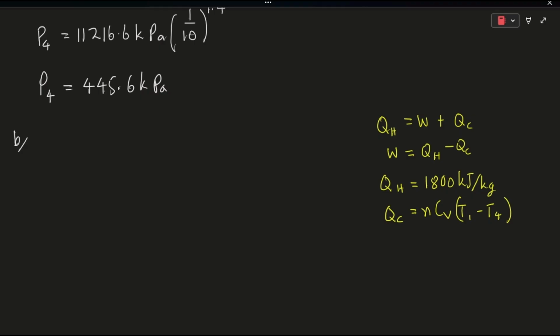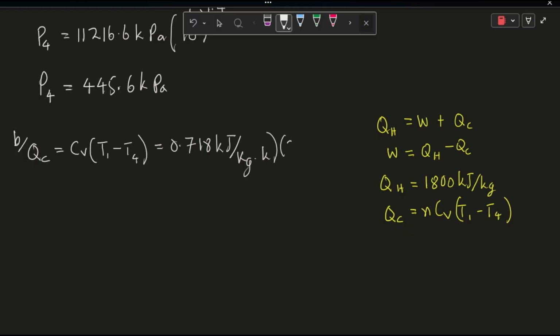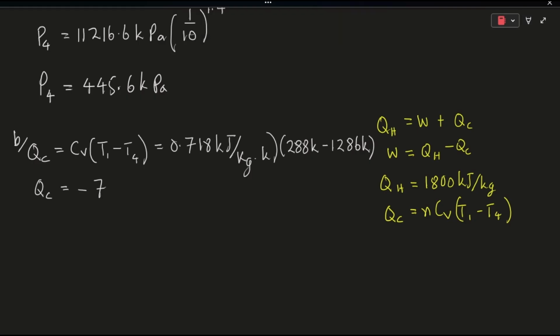So for the B part of the question, it means that the system loses this amount of energy per cycle.